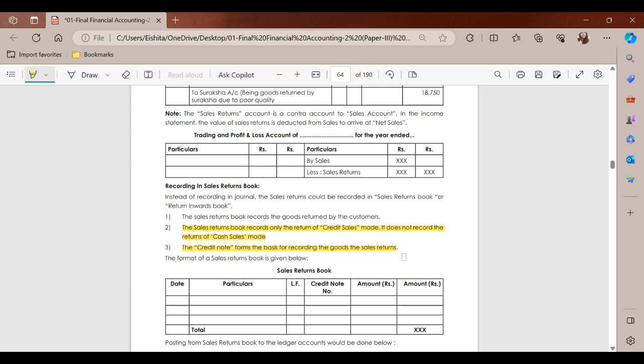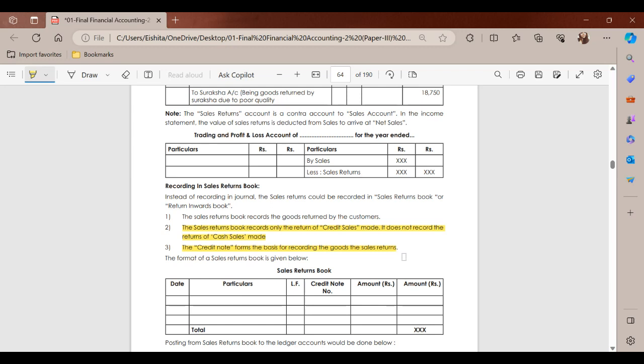Whatever goods you return will be covered by the sales return and that will be the basis of the credit note. Debit note is for debiting the party, credit note is for crediting the party. So what you receive is a credit note.